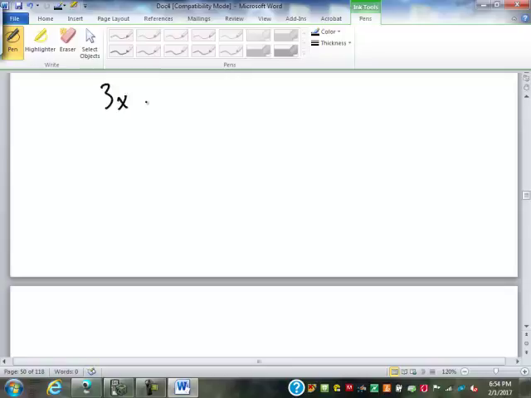We might have 3x minus 2 equals 19. So we identify our equal sign, find the equal sign. We identify what side of the equation has our variable. It's the left side. Now this time there are 2 things that are keeping our variable from being alone. We have the 3 and we have the 2.